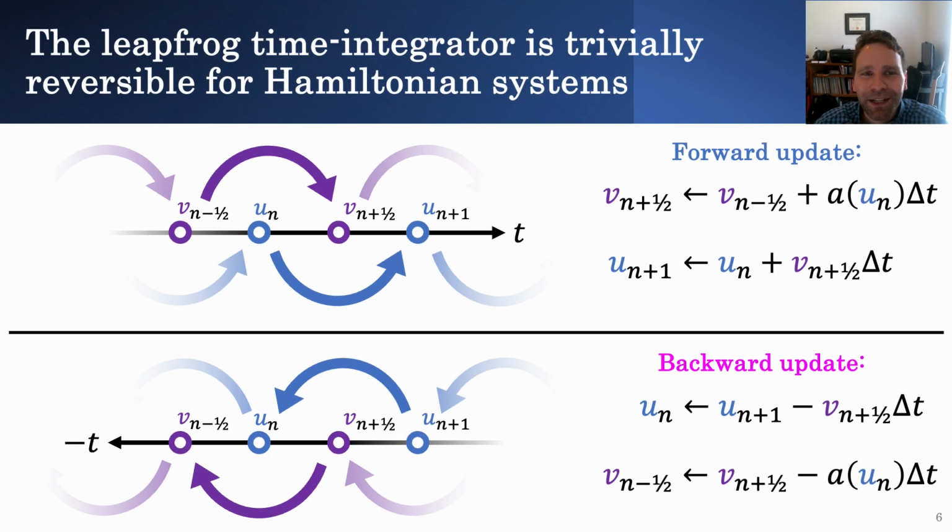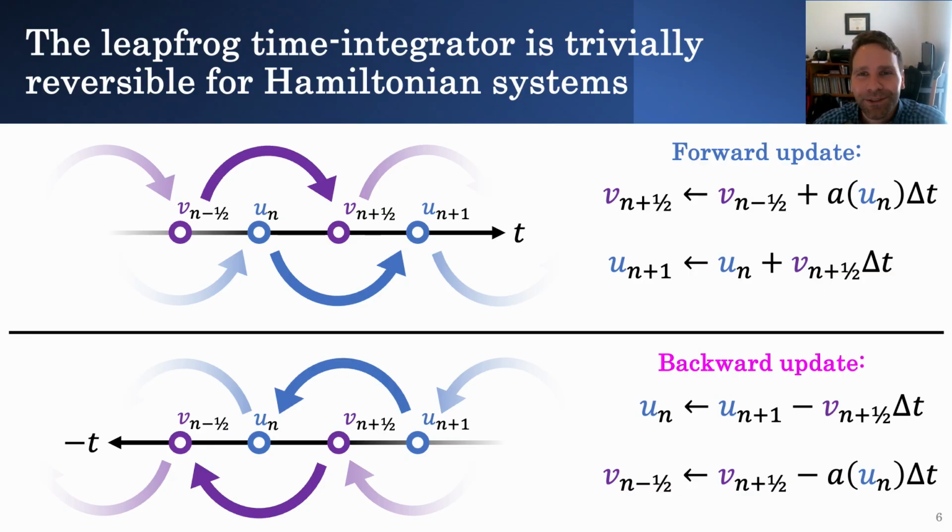And the really cool thing about this leapfrog integrator is that it looks the same going forwards and backwards in time, and more than that, it's an explicit integrator going forward in time, just as it is an explicit integrator going backwards in time. So whatever computational effort is required to solve the forward problem is basically the same computational effort we would need to expend if we were to reverse those steps and traverse the forward problem going backwards.